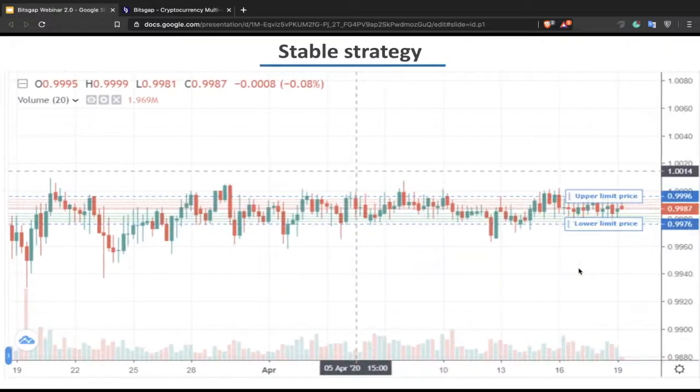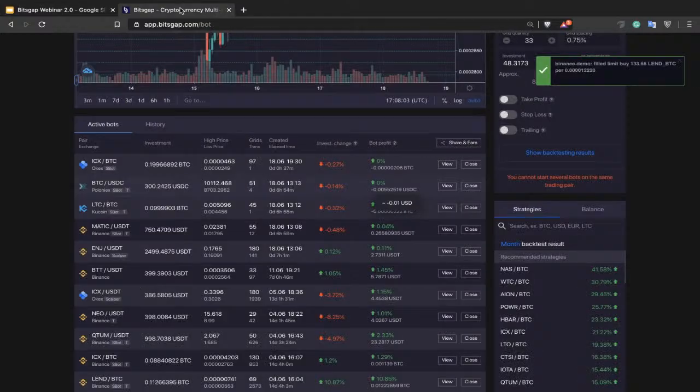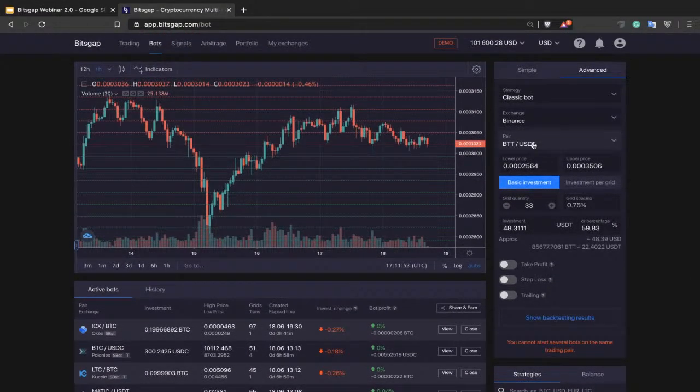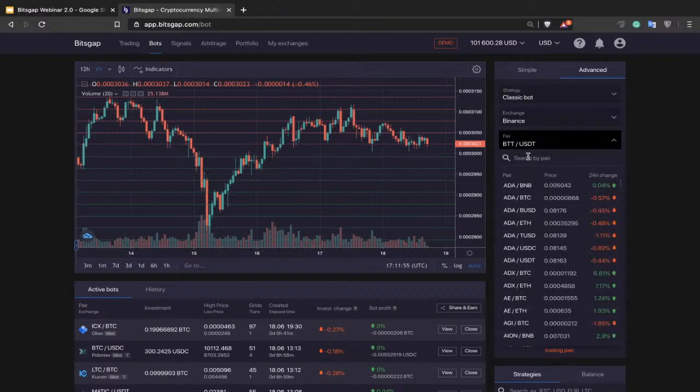Yeah, regarding the scalper bot, as soon as we unite the S-bot with the scalper, you will be able to launch it on stable coins. So that's what I call the stable strategy. That means that you will be able to profit on this arbitrage market.